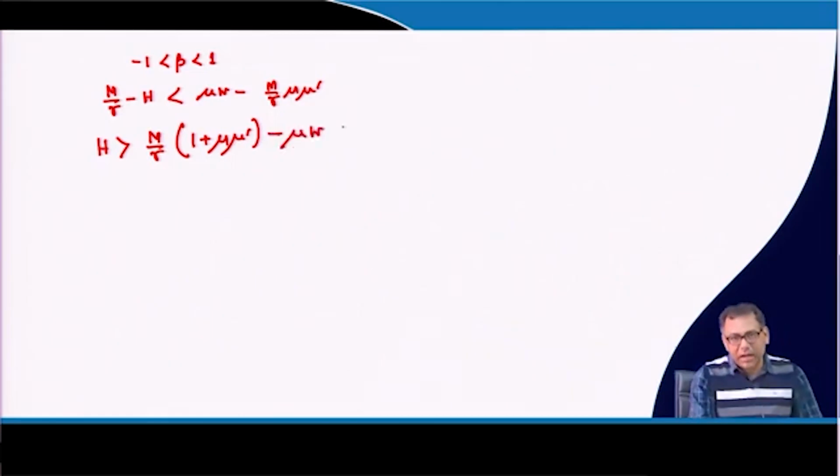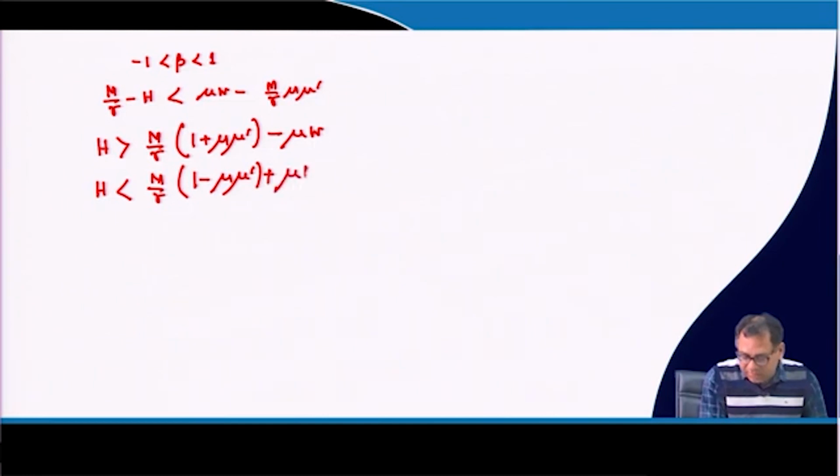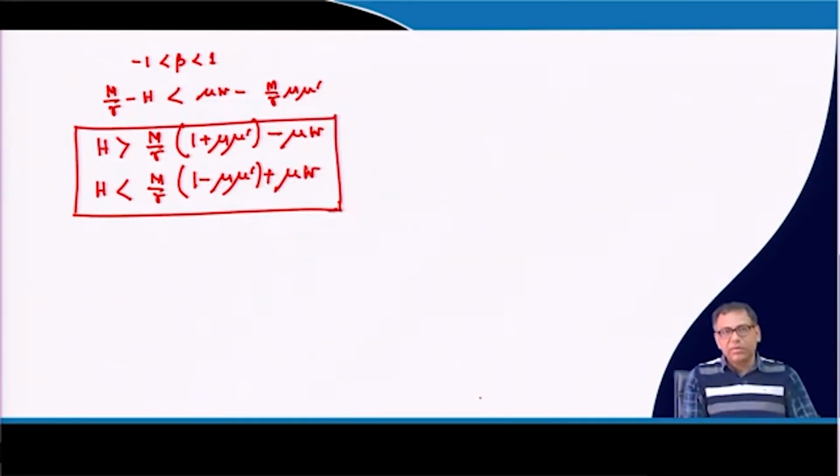And if I consider the other condition, because we have two conditions, then H should be less than M by r (1 minus beta mu dash plus mu W). So, these are the two conditions we have to satisfy for the lateral stability of the well.